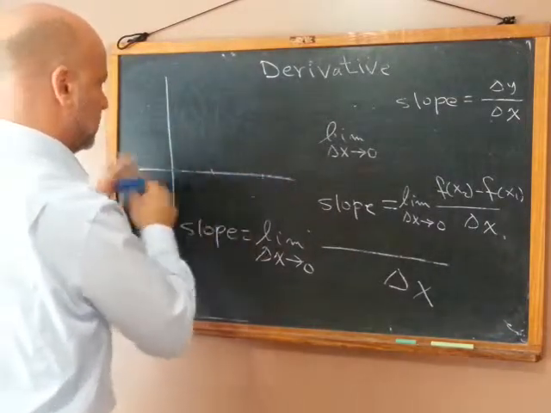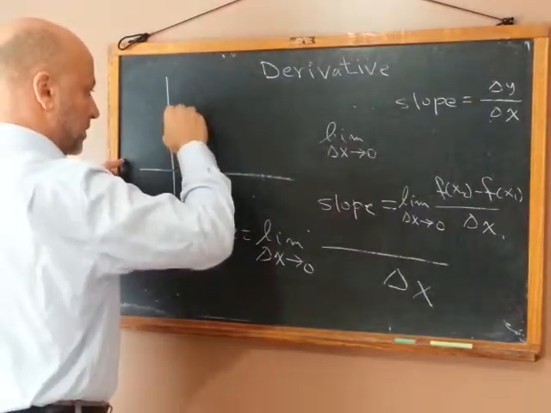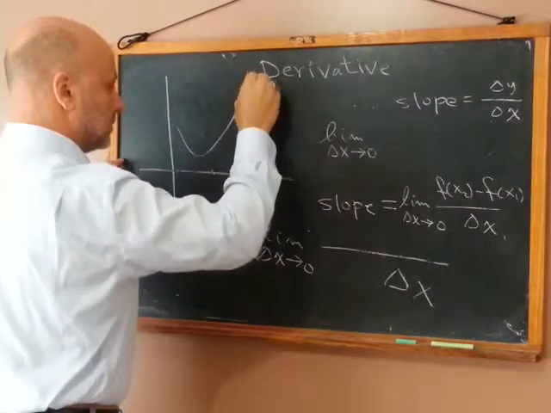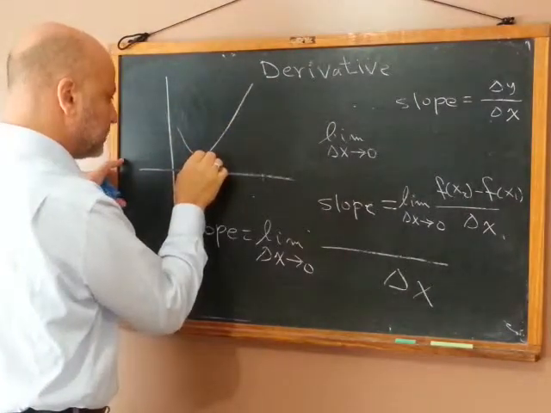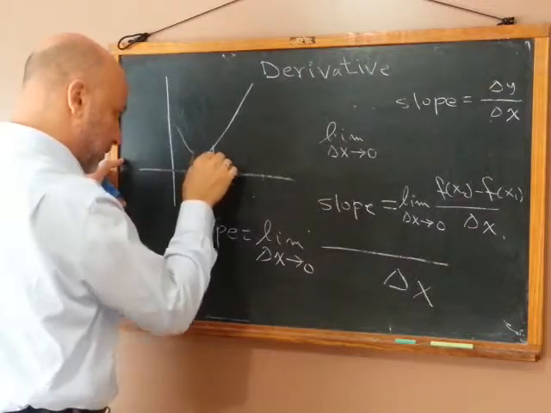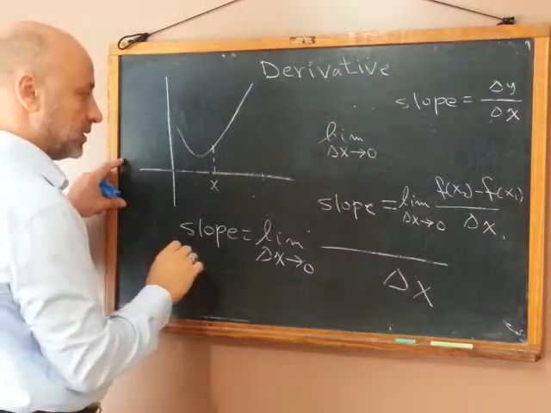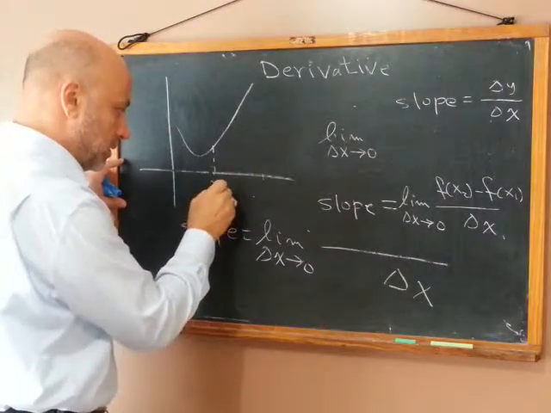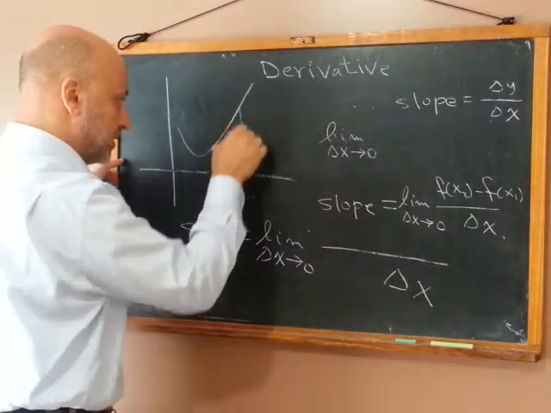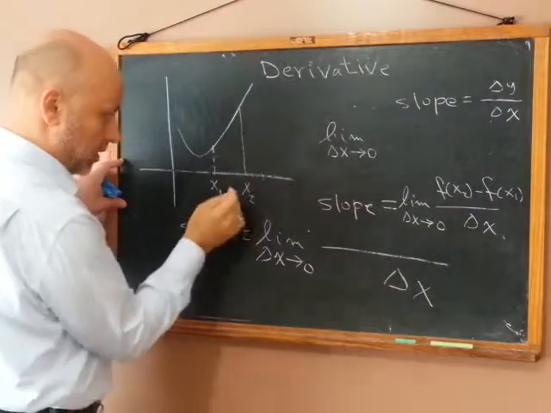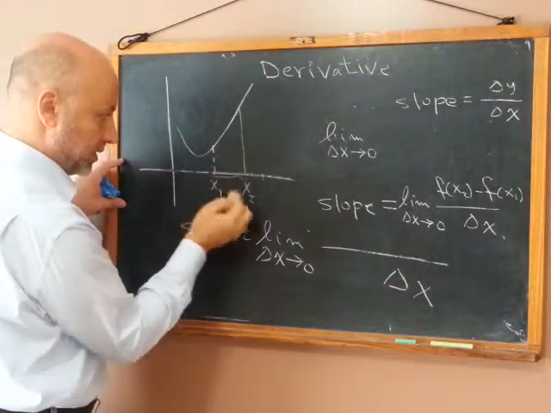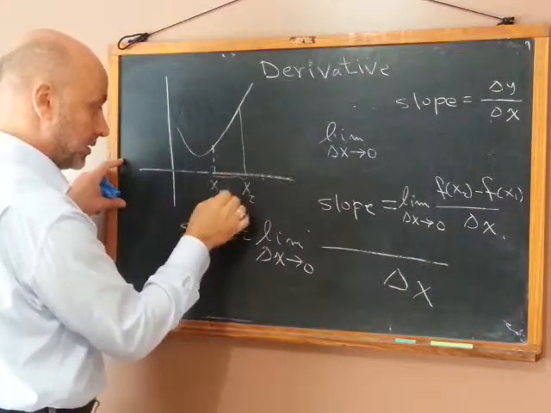Okay, let's say this is the function again, and if this is x1 and this is x2, then the distance between them is delta x.